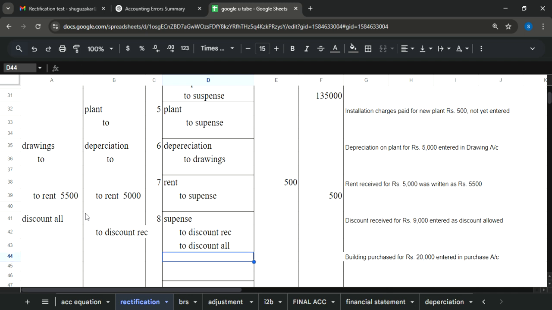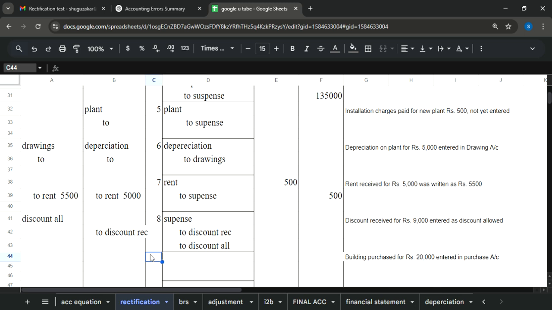The entry which was present in the book was related to discount allowed, but this entry was related to discount received. So simply what has been done, in your book discount received was present over here and discount allowed was present over here. So I have changed the position. It would be quite interesting for you to understand.